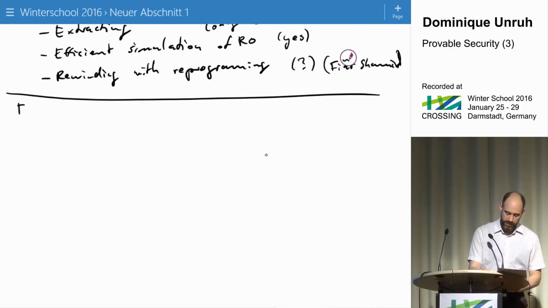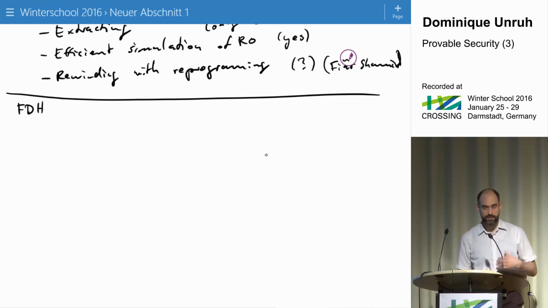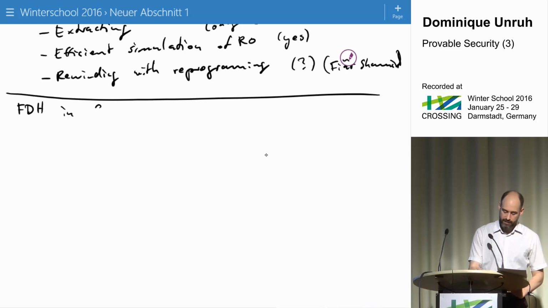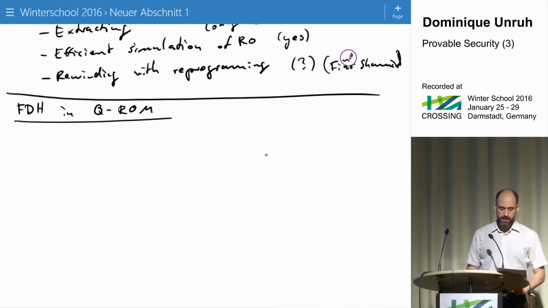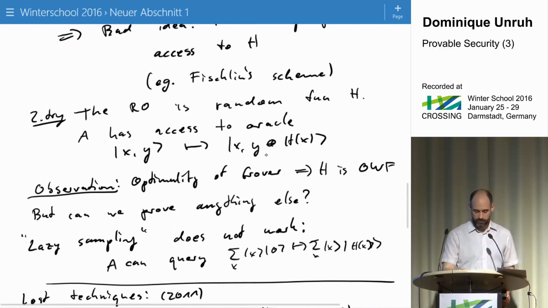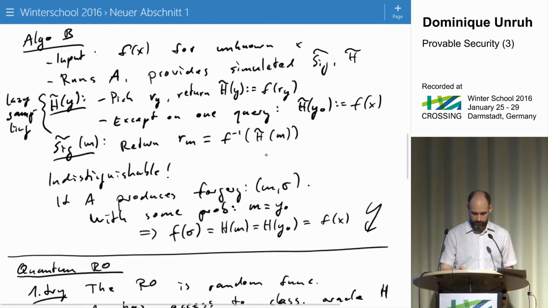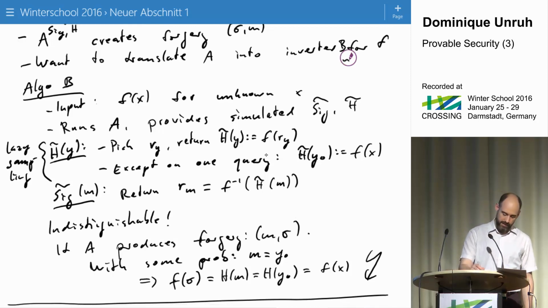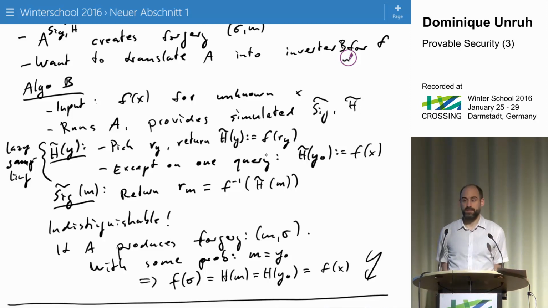So for example, what we can do is we can analyze full domain hash, the scheme we had a look at just before, in the quantum random oracle model. So recall what was the problem we had somewhere. We had the problem that we did this lazy evaluation of the random oracle where we decide on things step by step.